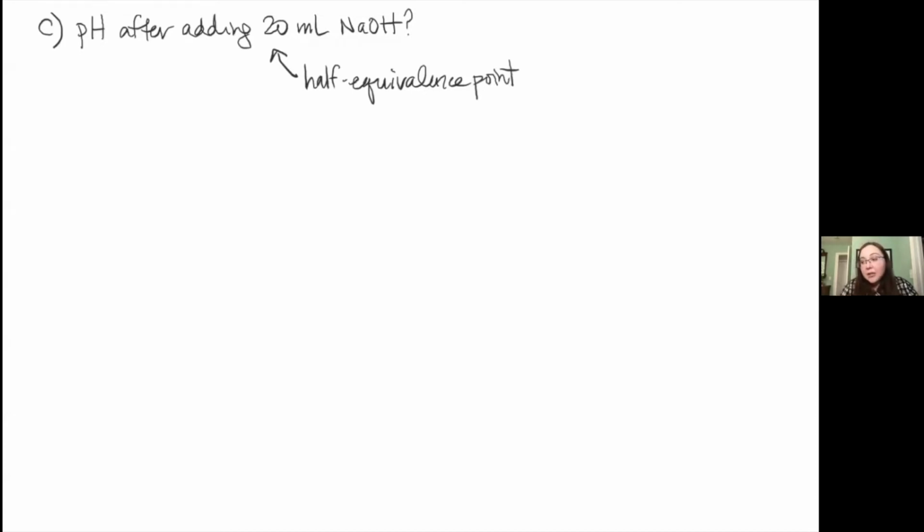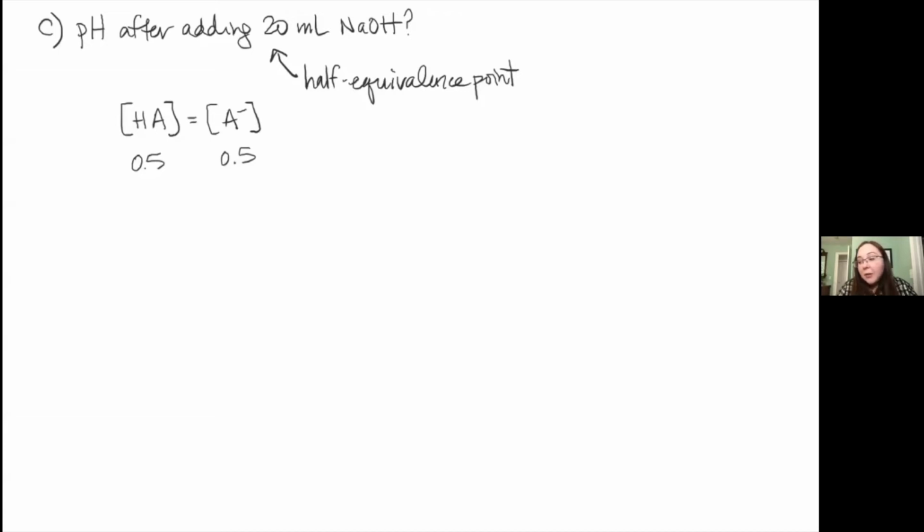And it turns out when you've neutralized exactly half of the acid, then you have equal quantities of acid and conjugate base, right? If you started with 1, half of it is gone. So this would be like 0.5, and half of it gets turned into our conjugate base, and that would be 0.5.